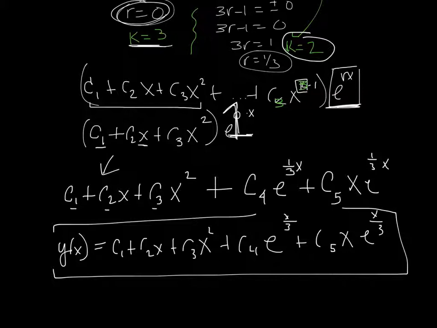Usually we write this as c1 e to the r1x plus c2 e to the r2x and so forth. This won't matter eventually because it's just times 1. If that just confused you, then you can ignore it. They just really factored out an e to the rx. Okay, that is example 2 in your book.